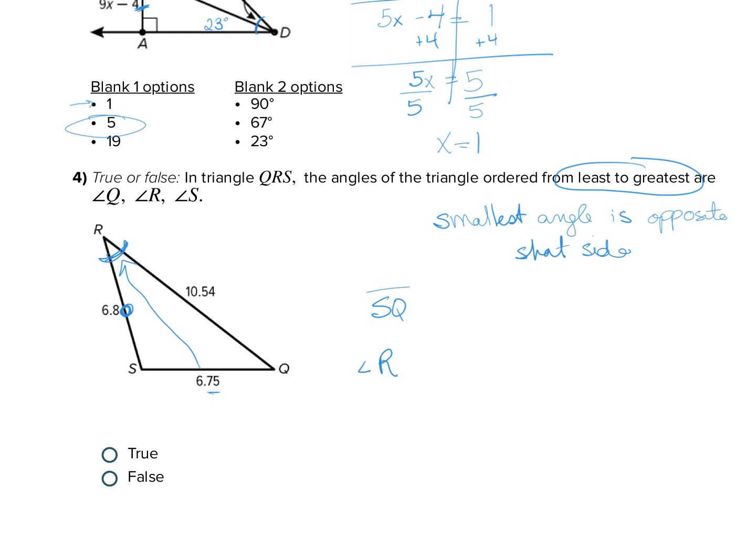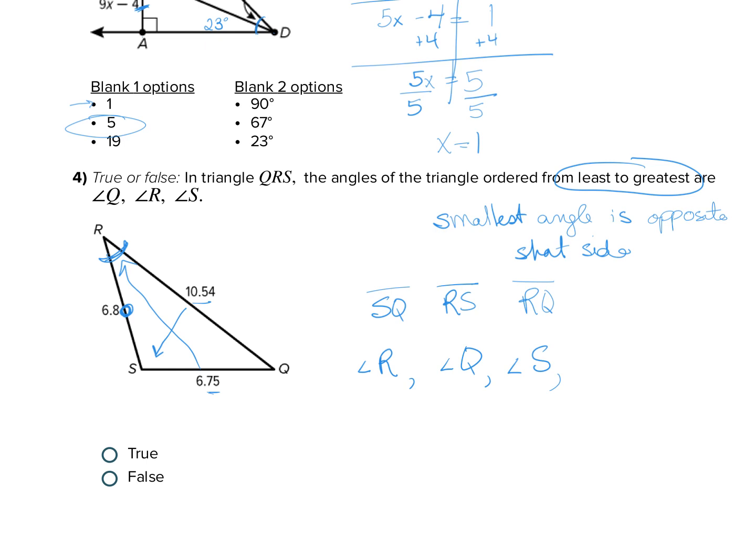Okay. Now my longest side, RQ, at 10.54, is obviously my longest side, and that is opposite my largest angle, which is angle S. And of course, what's left in the middle between the shortest and the longest is RS, and RS is opposite angle Q. So this is the correct order of both the angles and the side lengths.